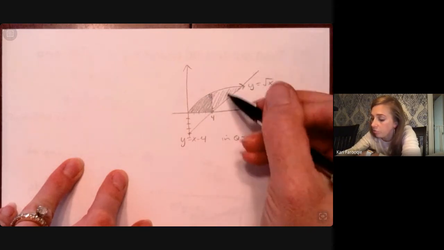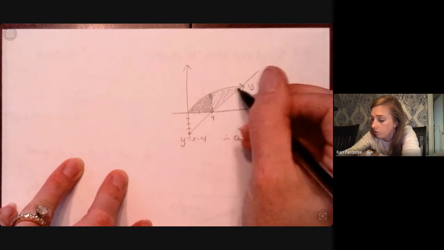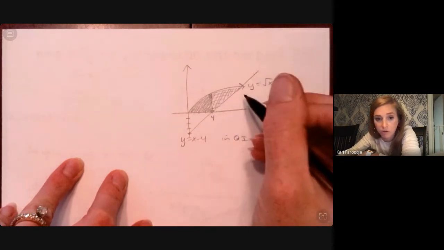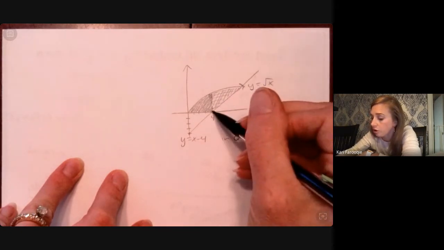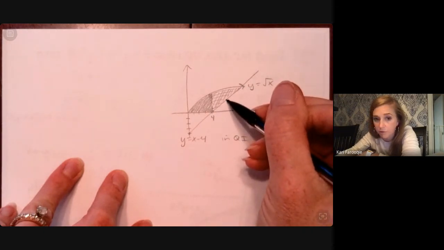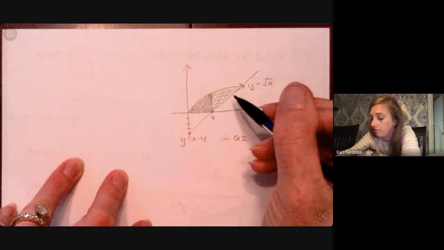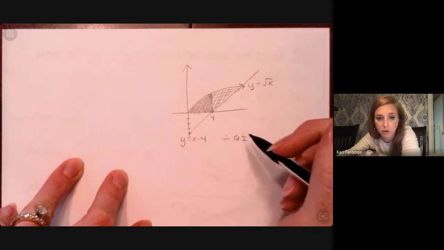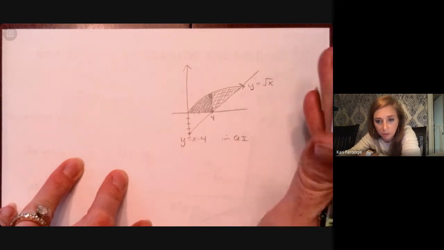Once you moved on to the right, this would be the new stuff. From 4 up to the intersection point, your bottom is no longer the x-axis. It's now this line, x minus 4. So technically you could set it up as 2 integrals.